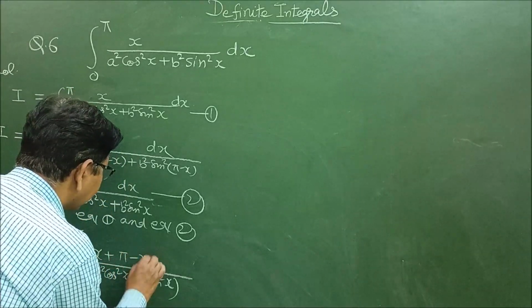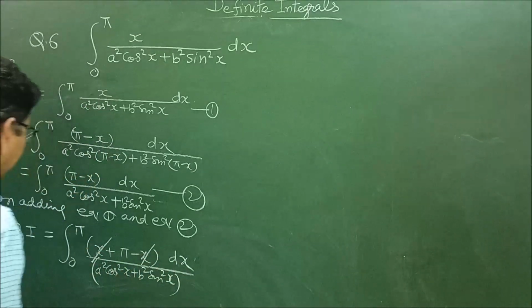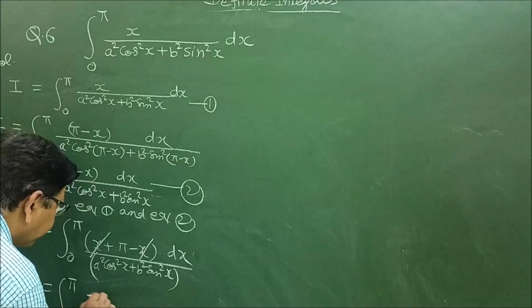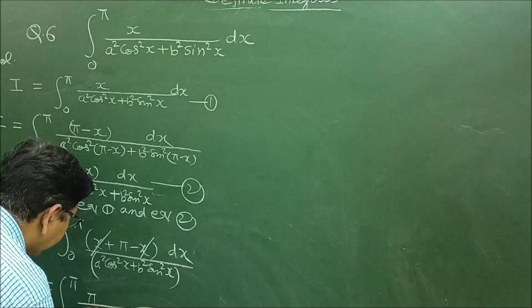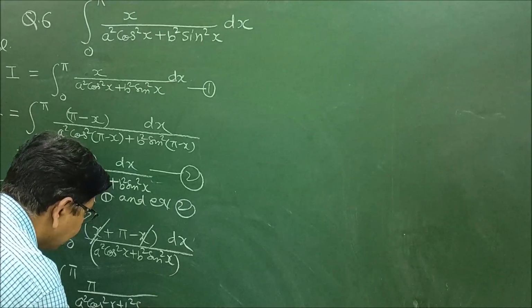Now x and x cancel, so this is equal to the integral from 0 to pi of pi upon a square cos square x plus b square sin square x dx.